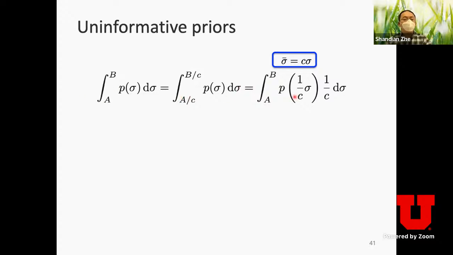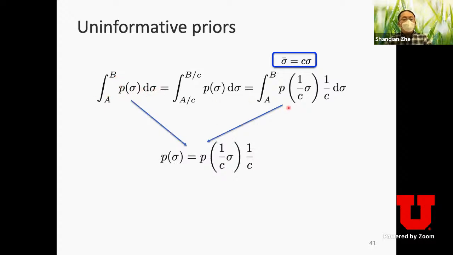So finally you will end up with this: the integral from a to b of P of sigma equals the integral of P of sigma over c, times 1 over c. So if you just set c equal to sigma, you will get the general form P of sigma proportional to 1 over sigma. So now we can see that we derived a second form of the uninformed prior, which satisfies the scale invariance.